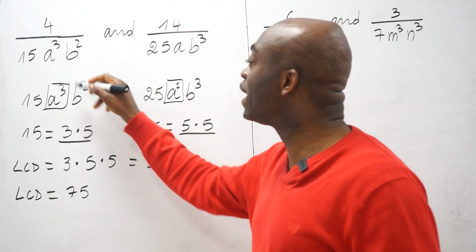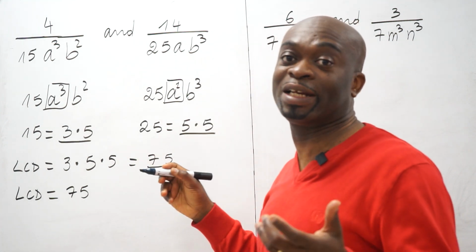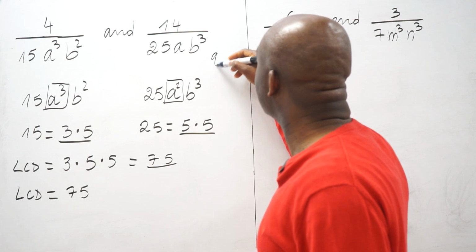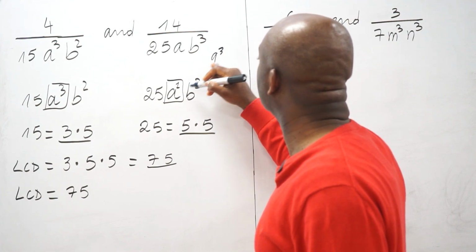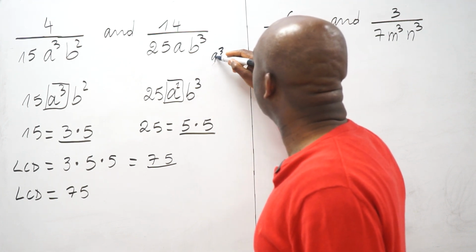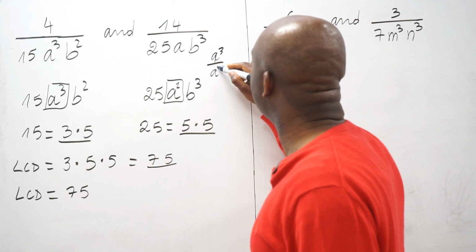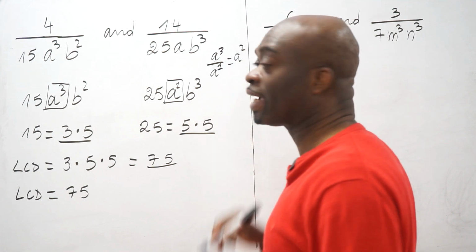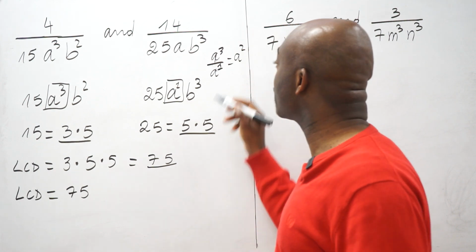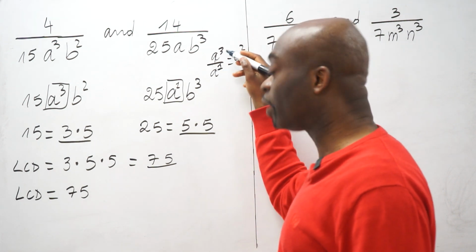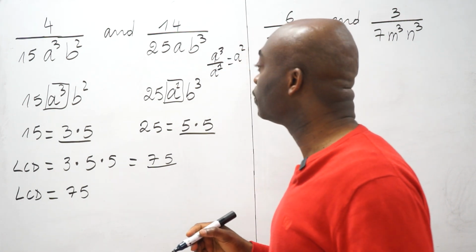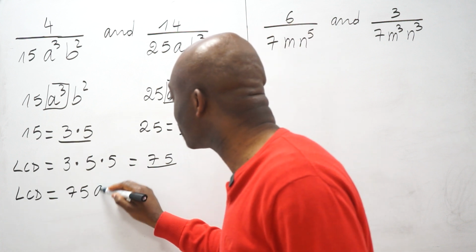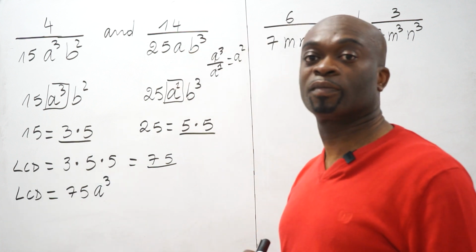Because a^3 divided by a^1 gives a^2, so a^1 can go into a^3. So it's going to be a^3.